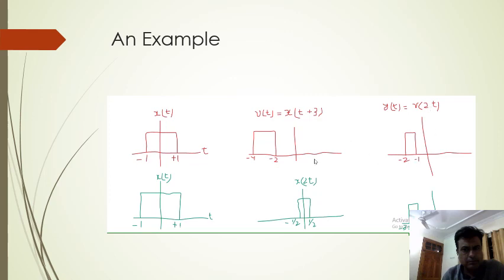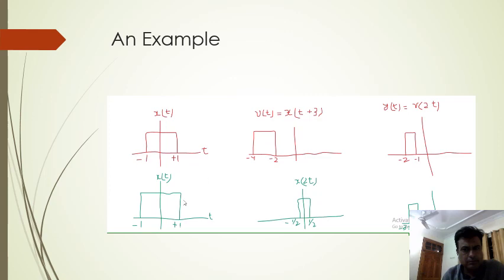Similarly 2t equal to -2 becomes t equal to -1. So this signal is non-zero between -2 and -1. Here we first performed the time shifting operation and then scaled the signal, and the final result is a signal y of t which is x of 2t plus 3.